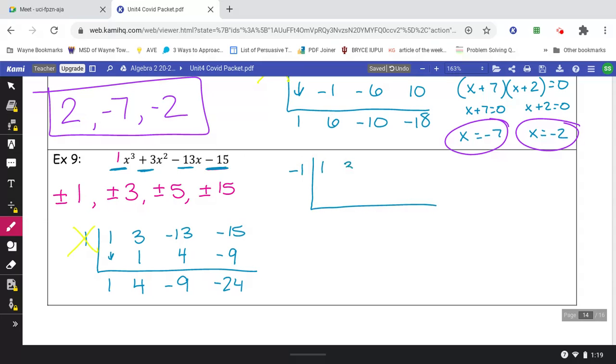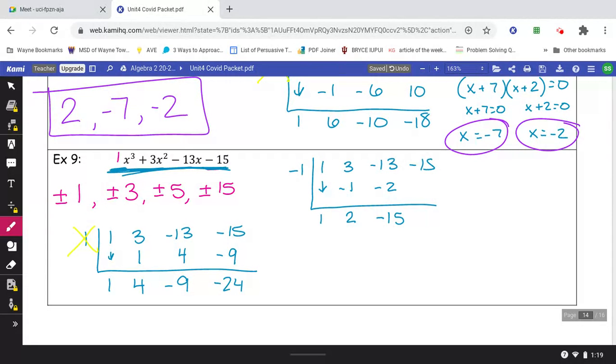Line up your coefficients, the numbers in front of the x's. Always going back to this original problem here. All right, drop this down to get a 1. Multiply. Add. Multiply. Add.